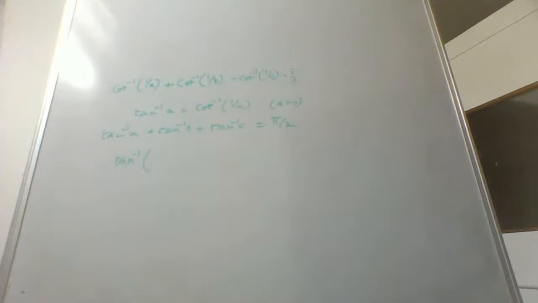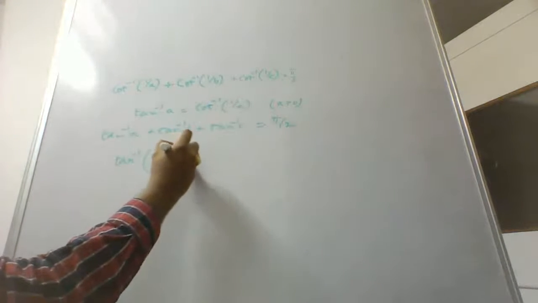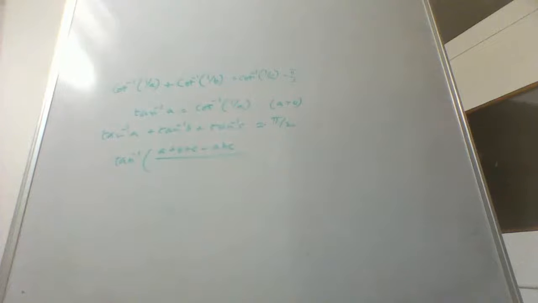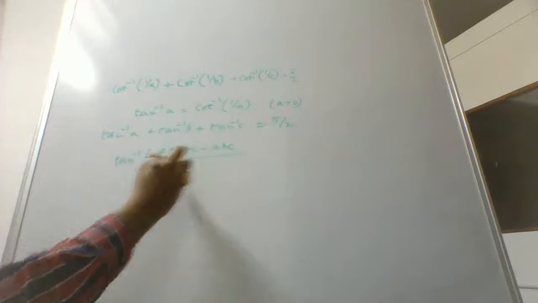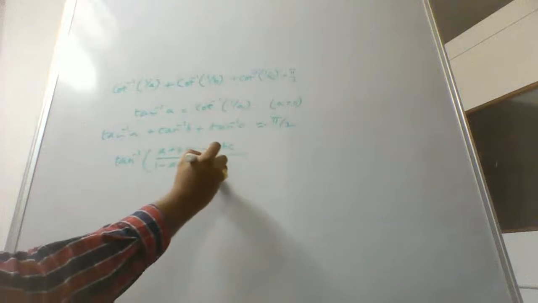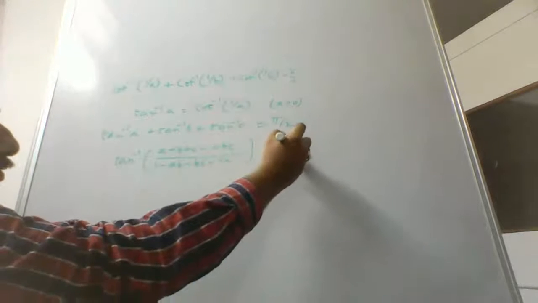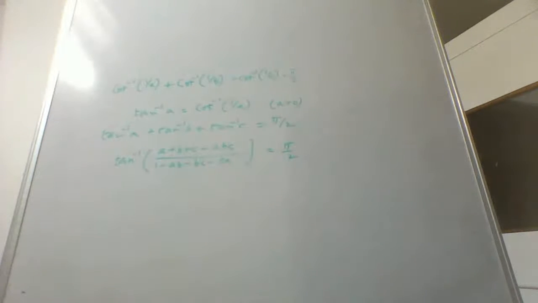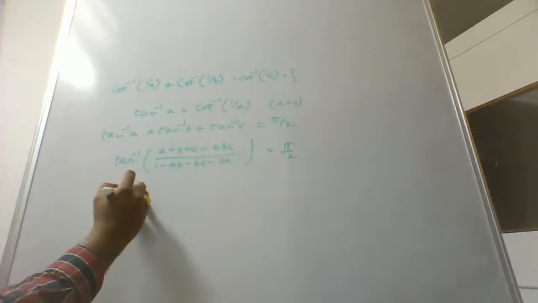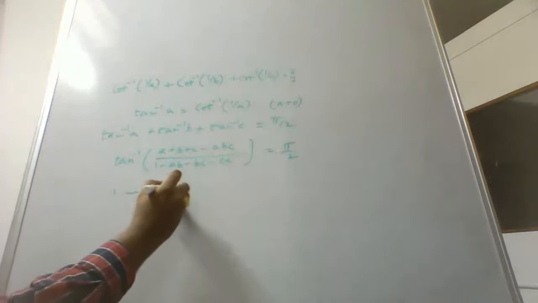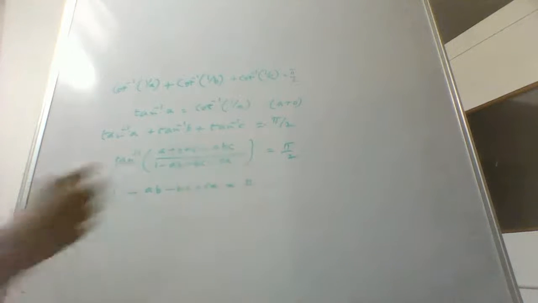So this would be tan inverse of a plus b plus c minus abc, divided by 1 minus ab minus bc minus ca, which results to pi by 2. Now this would be 1 minus ab minus bc minus ca, which is equal to 0.